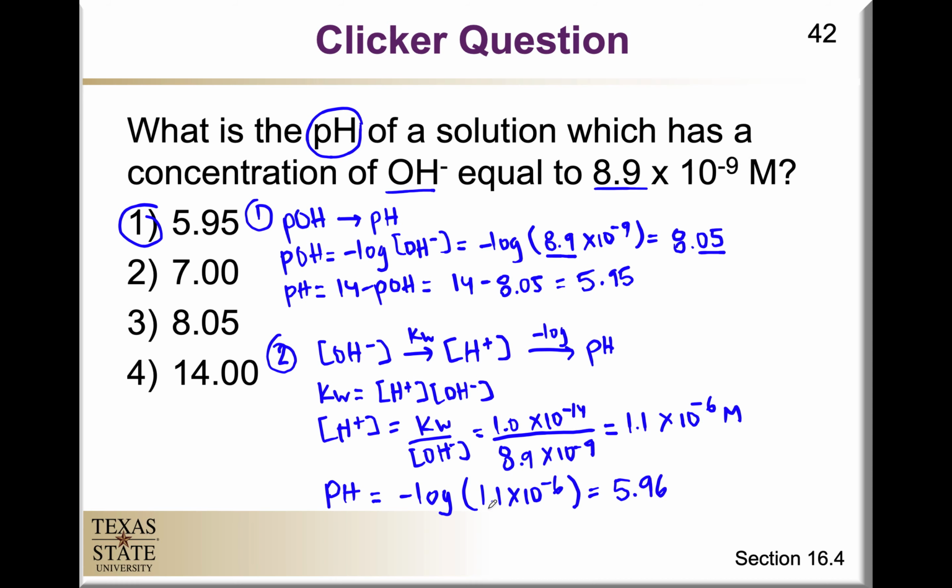Notice that I had 2 digits on my concentration, therefore I'm going to take 2 decimal places. And the answer comes out to be pretty close between the two methods. The differences are always due to the rounding in the two methods, basically.